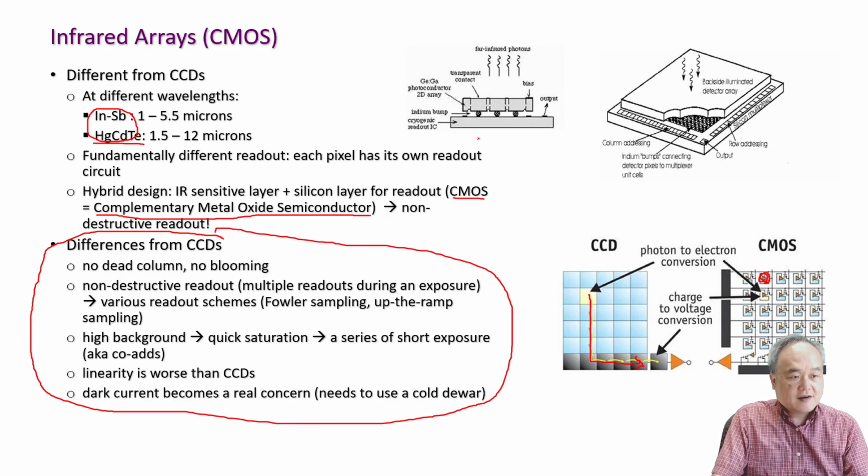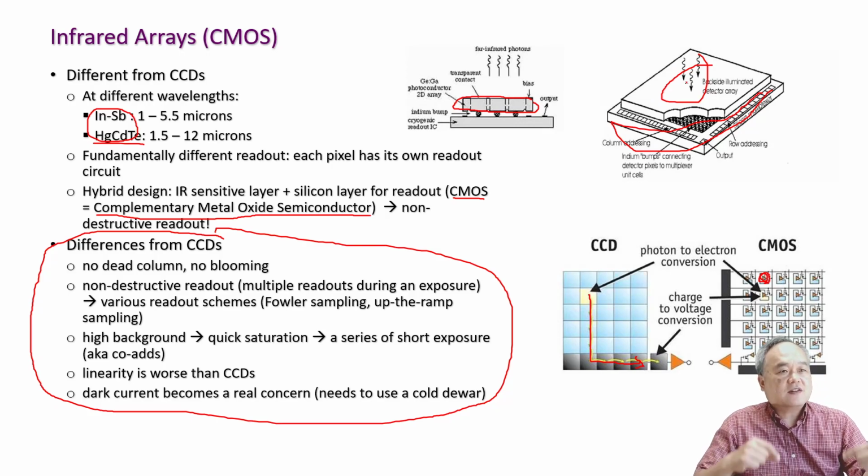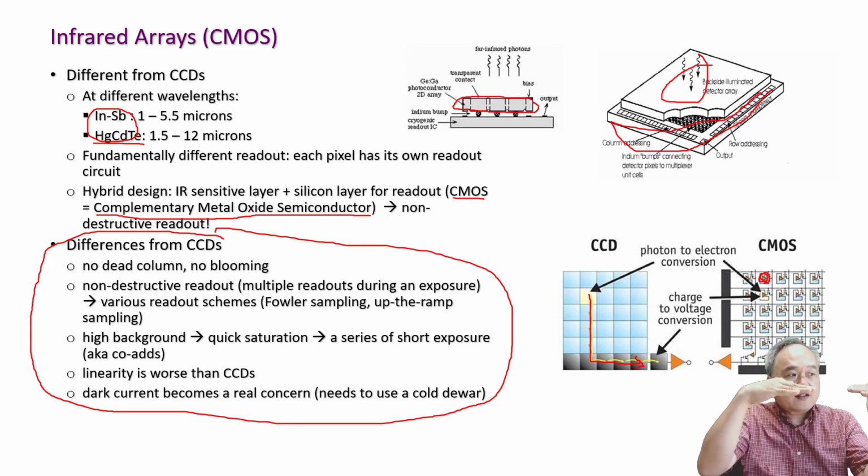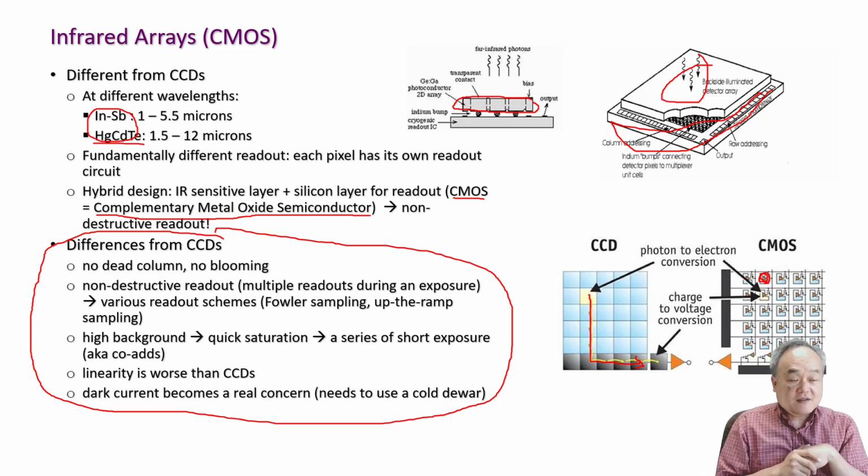The first layer is the photosensitive layer, and right below it is the CMOS readout layer. While the top photosensitive layer is constantly being exposed and producing photoelectrons, these produced photoelectrons can be independently read out by the bottom readout channel.